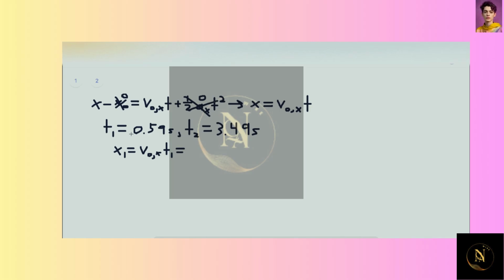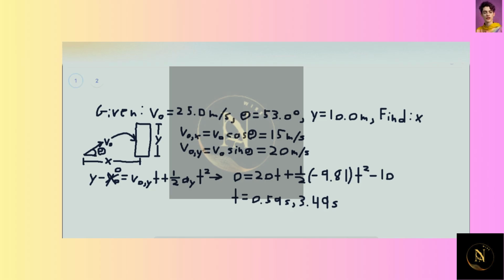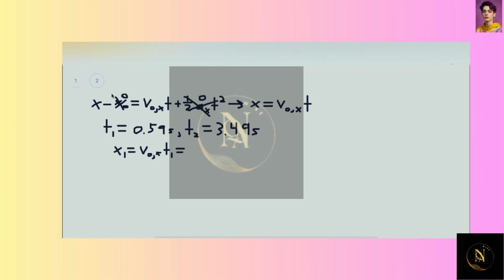Okay, so I plug in my v0x from the first page here, which is 15 meters per second, times the time t1. So if I compute that, I'm going to get a distance of 8.85 meters. So that's going to be one possible distance.